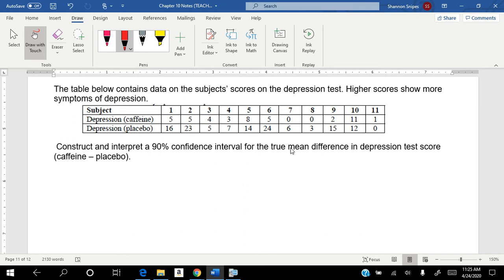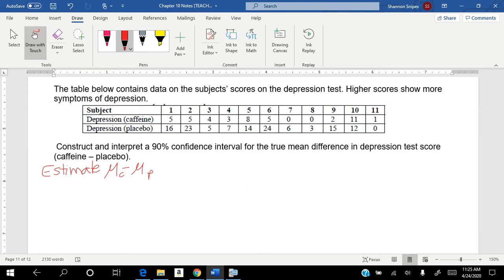Okay, so we want to estimate mu, the mean depression test score for caffeine, and the mean depression test score for the placebo group. We want to subtract these to see if caffeine makes a difference.